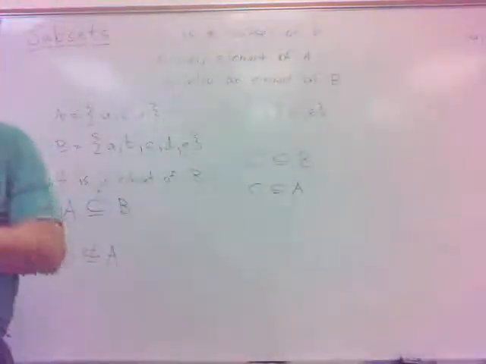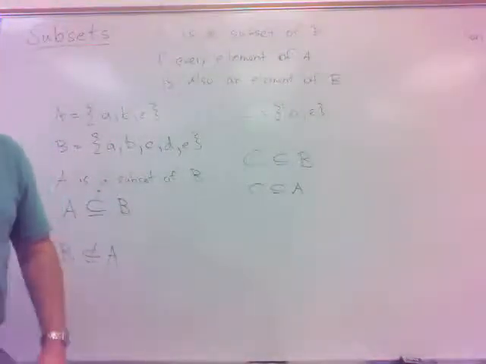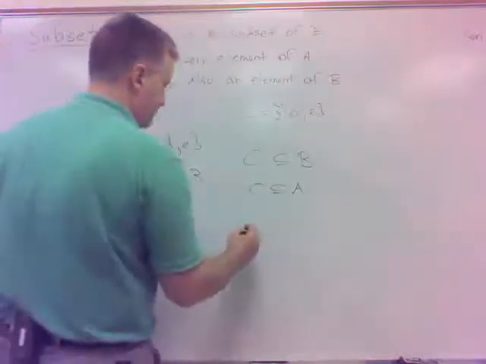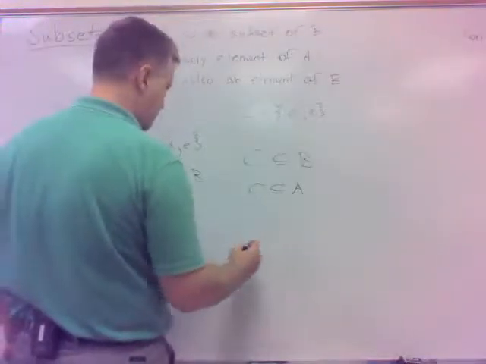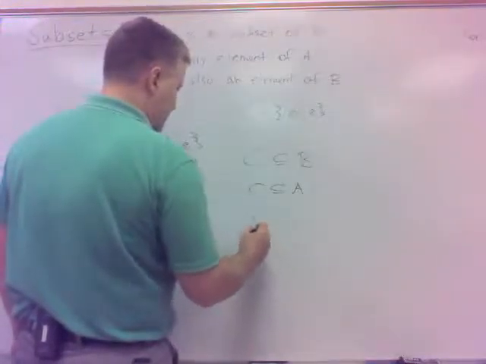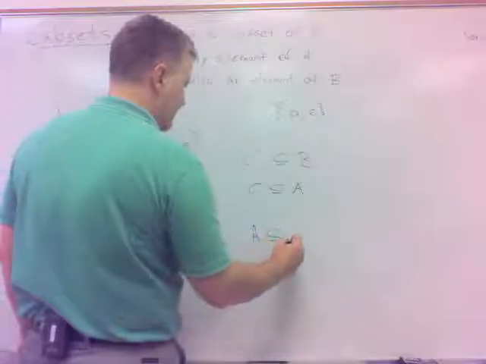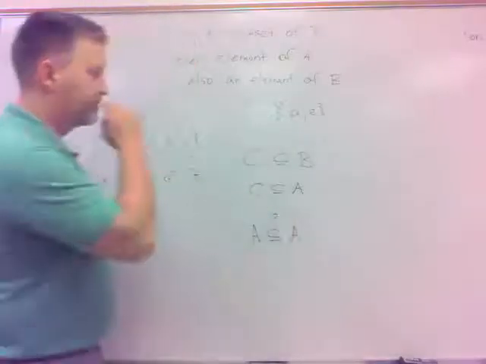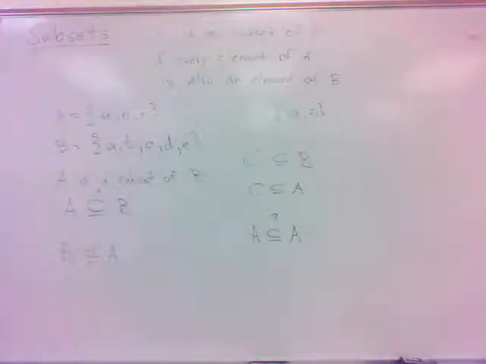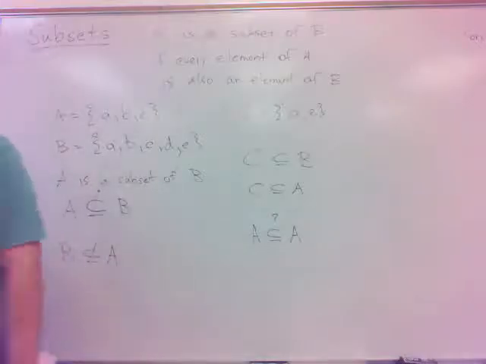Now, let's try this one. How about, pick one, A subset of A. Throw that one out there for you. Is that one true, or does it need a slash? A is a subset of itself, basically.